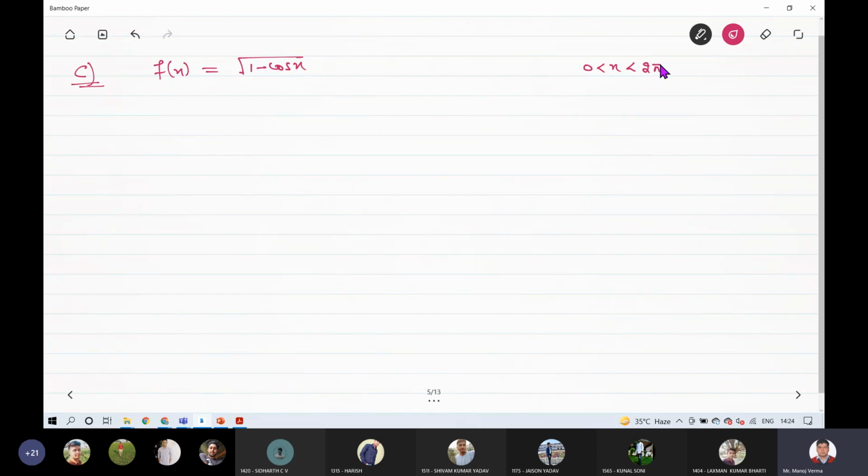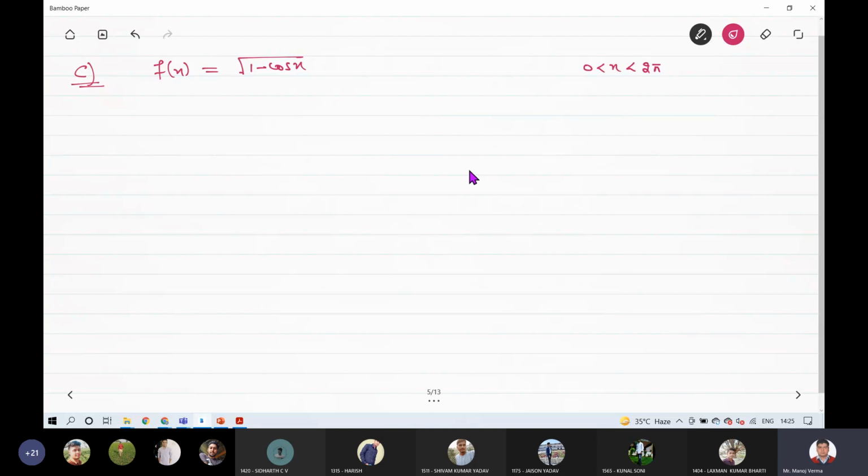But the methodology used to find a naught, an, bn, if you are a master in this methodology, then you can solve for any function. Of course, you have to keep in mind some trigonometric identities which will be very helpful in solving this type of question.